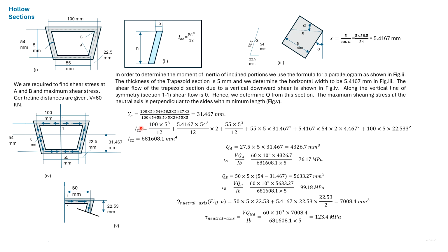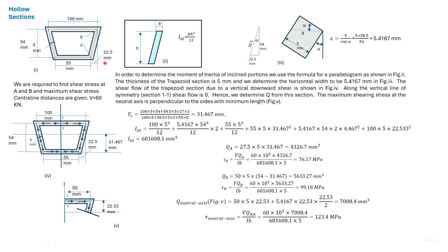We next find the moment of inertia of this hollow section. For the inclined portion, we have used this length as b, multiplied it by height cube and divided by 12. Here we have added A D square for the inclined portions.